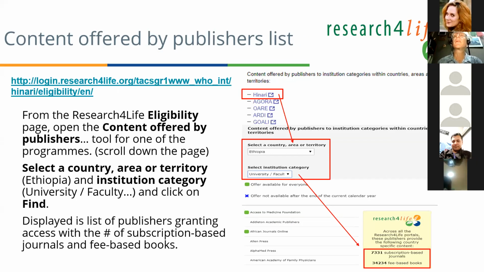And there is a little note that says you have 7,331 subscription-based journals, and that you have 34,000 fee-based books that you should have access to. So there is this way, or to go from the publisher's list on the content page, the home page.